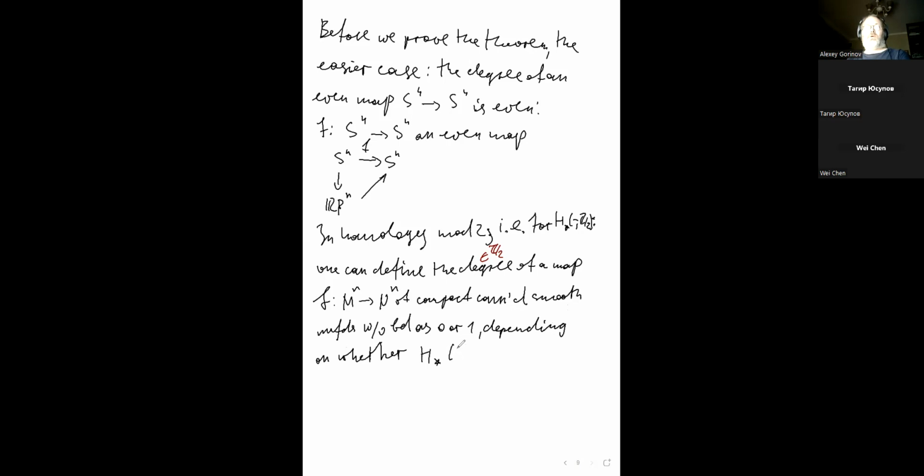So we consider the map of the nth homology groups, where n is the dimension of the manifolds, which is assumed the same for the source manifold and the target manifold.